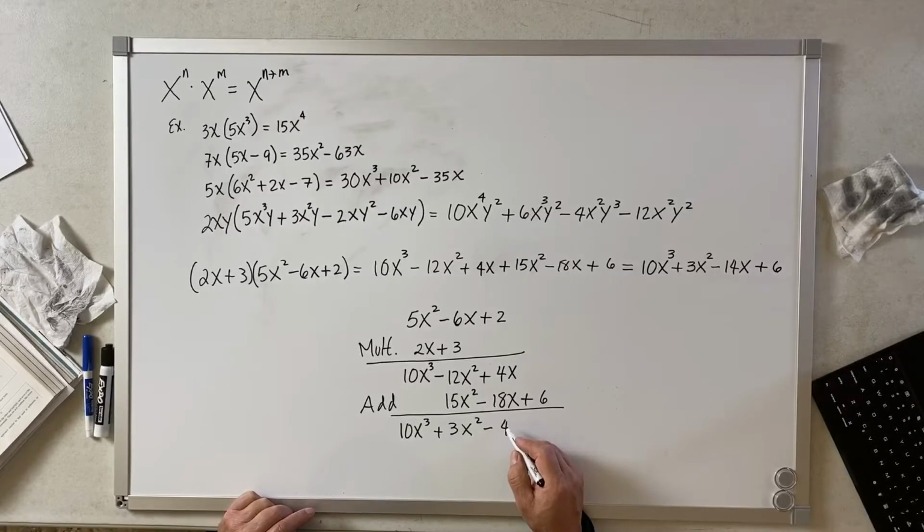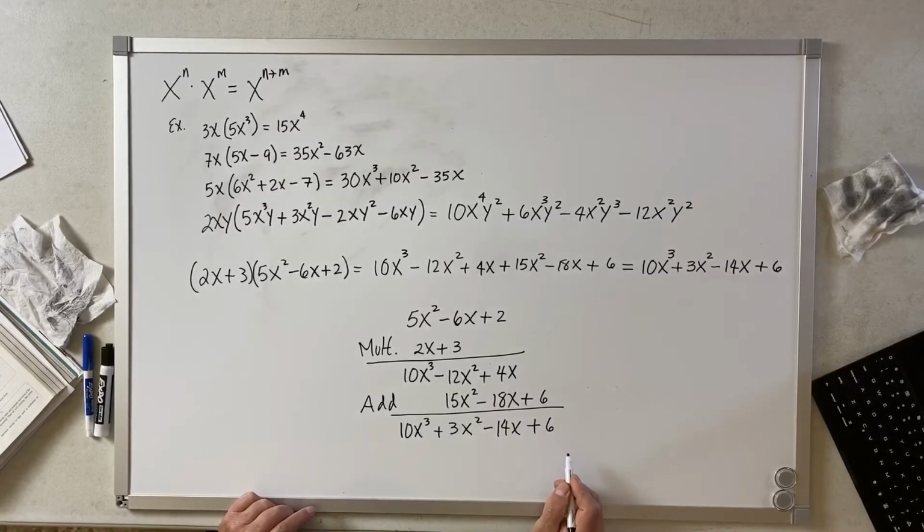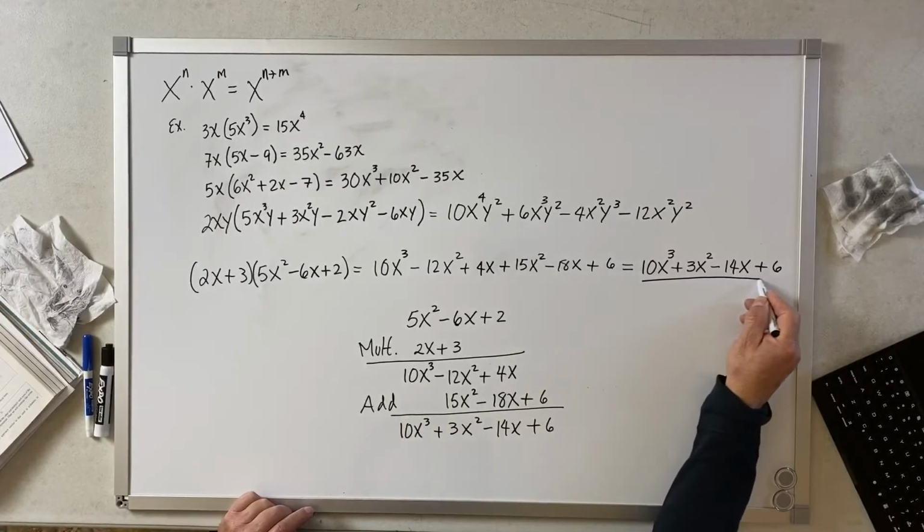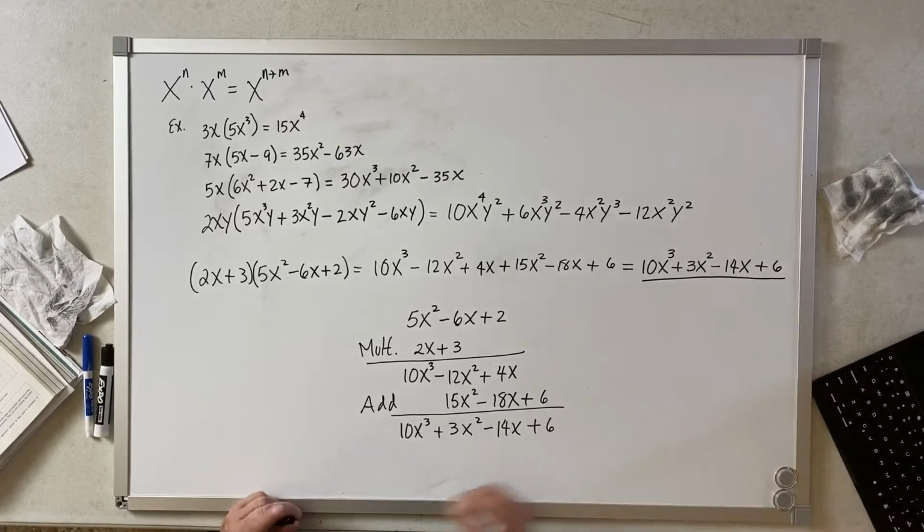Minus 14x and then plus 6. And now if we go back to our answer in the first method, we get the same thing, look, okay? 10x cubed plus 3x squared minus 14x plus 6. But the advantage is that here we line up like terms, okay?